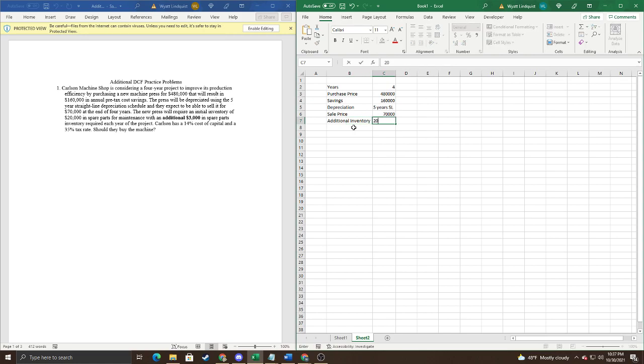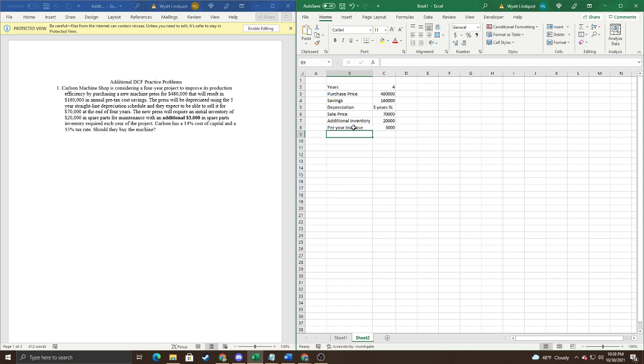And maintenance will cost an additional, it'll increase by 3,000 per year. We're not going to write that down right now, but we'll keep it in mind. Actually, we will. Per year increase, we'll do 3,000. And we'll talk about that later.